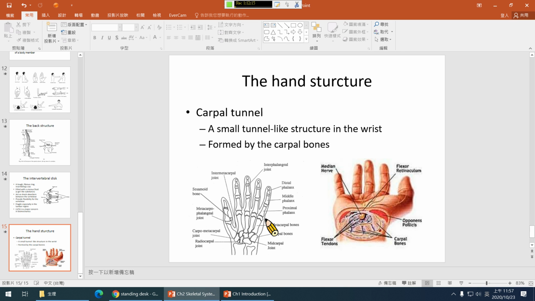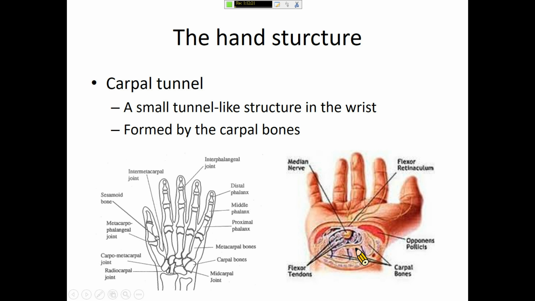Okay, the hand structure, the final slide. Okay. Hand, we know that the wrist abduction, adduction, flexion, extension are bad. But why? So let's look at the structure. Basically, there is a theory.